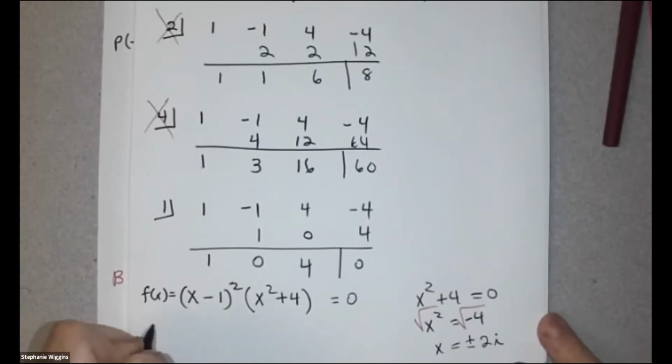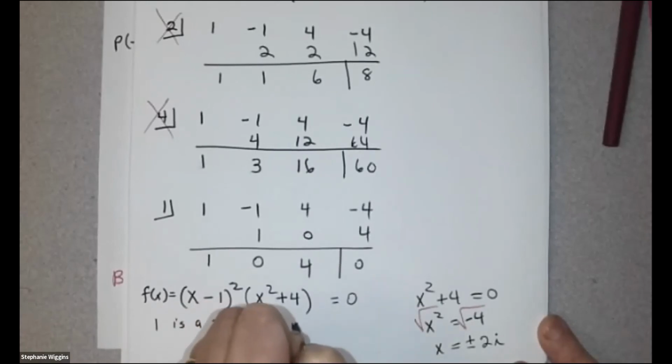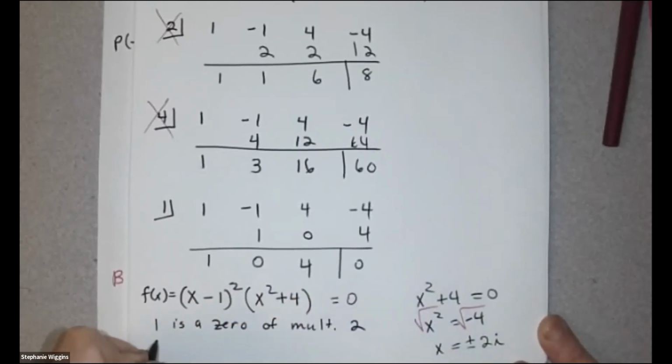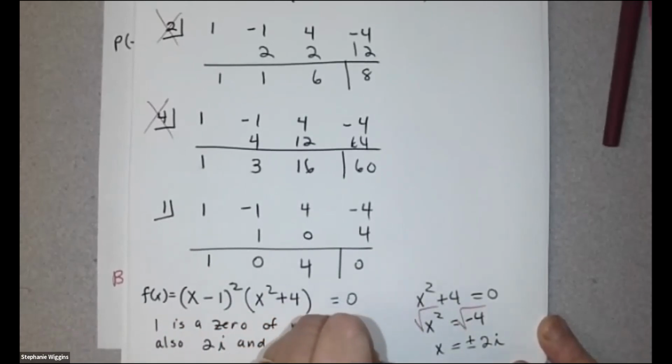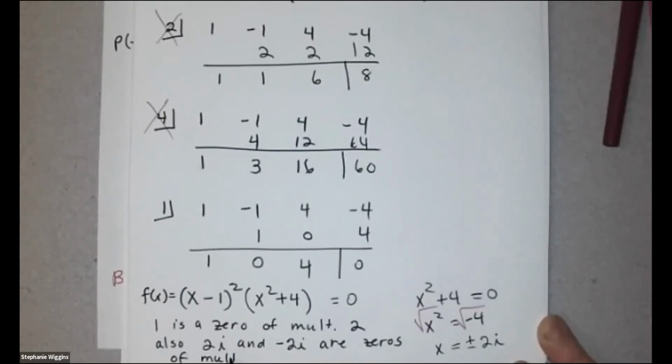So the zeros: 1 is a 0 of multiplicity 2, and then we have also 2i and negative 2i are zeros of multiplicity 1, because they occur once.